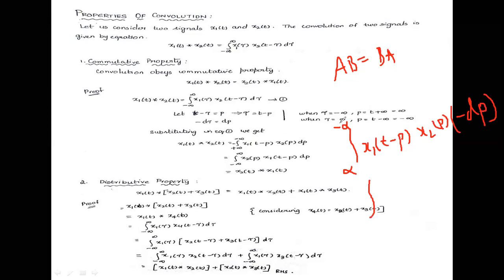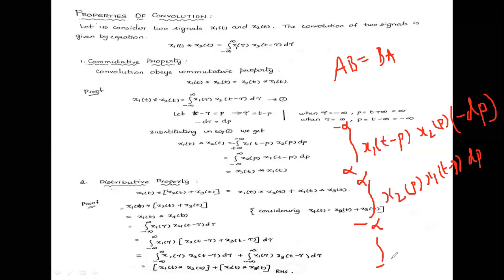So change the limits, the upper limit as lower limit and the lower limit as upper limit, which means the negative sign becomes positive. So x2 of p, x1 of t minus p, dp. Now p is a dummy variable only.